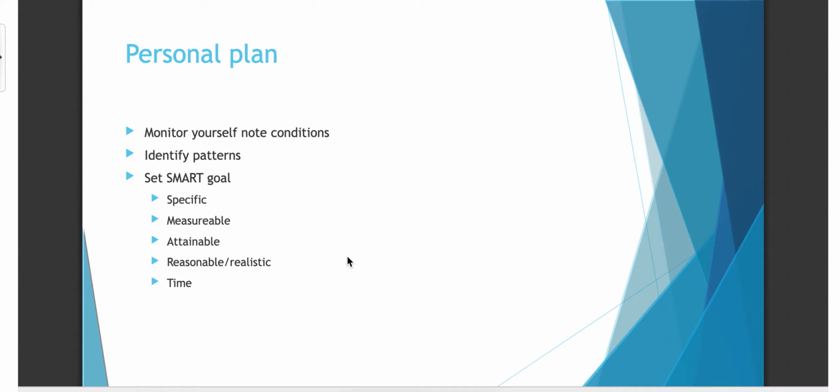Is it reasonable or realistic? Well, unfortunately, this is where that particular goal falls out. I want to be an Olympic athlete. Well, that is not reasonable or realistic. It's actually not reasonable or realistic to think that most of you will become Olympic athletes, or really maybe any of you.